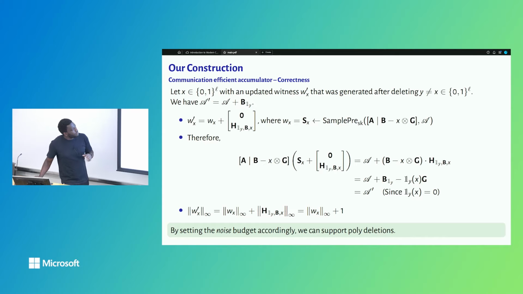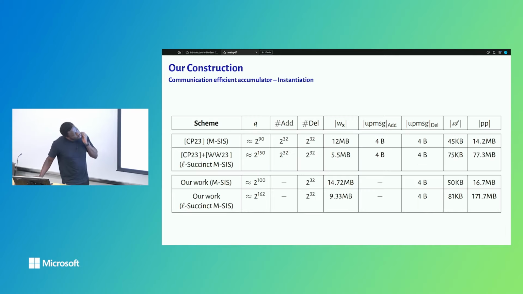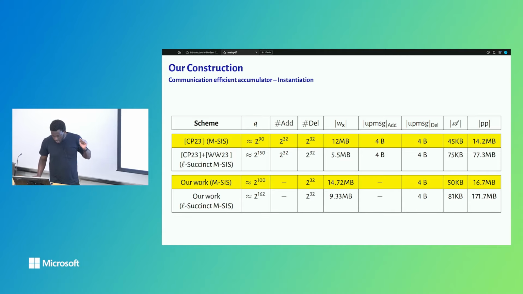Yeah, so now we will see a little bit about an estimate of sizes. Here it's a comparison of our construction with prior constructions that are similar to ours. All I want you to focus on are these two rows because in some sense they represent the same type of accumulator.